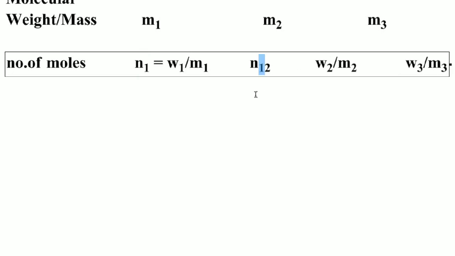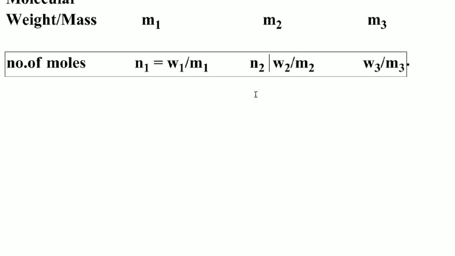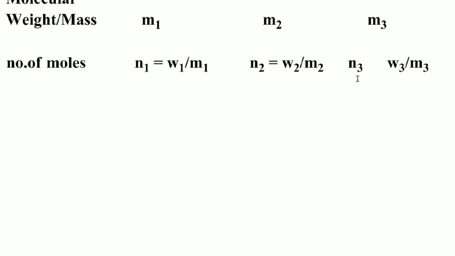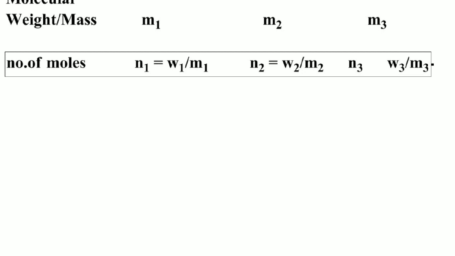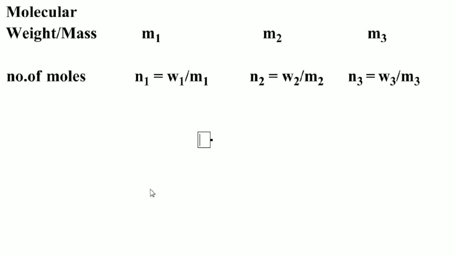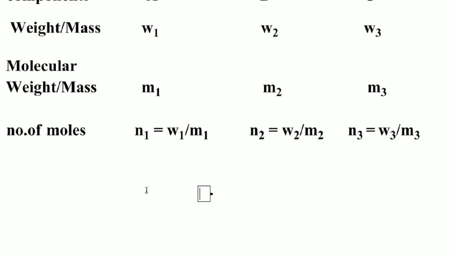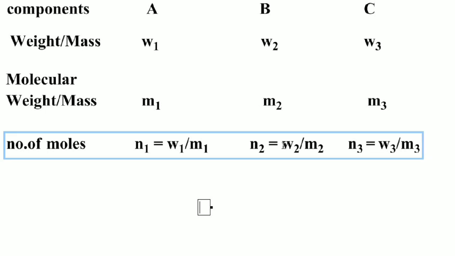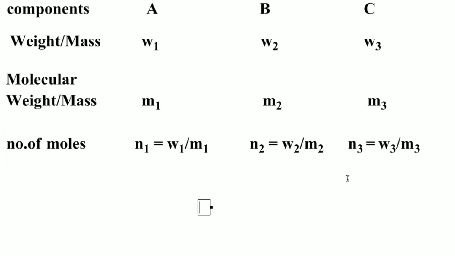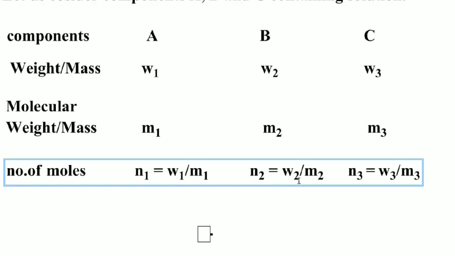N2 is the number of moles of component B. Similarly, let us assume the number of moles of component C is N3. So N1 means W1 by M1, N2 means W2 by M2 and N3 means W3 by M3 are the number of moles of components A, B and C.